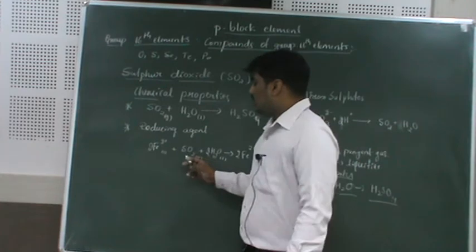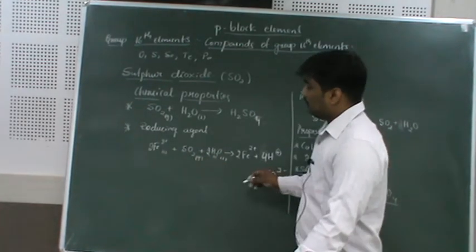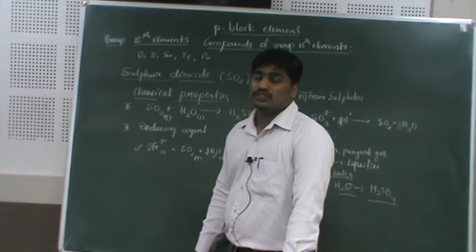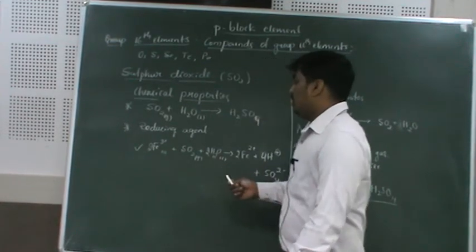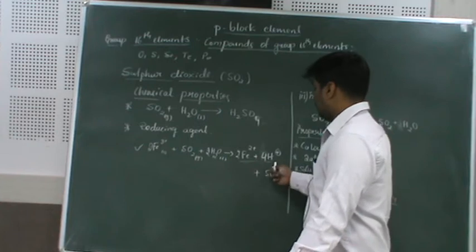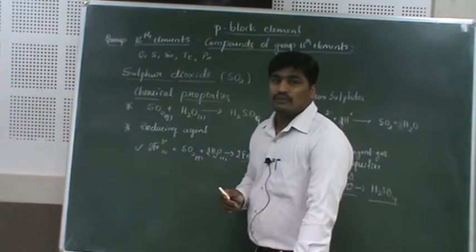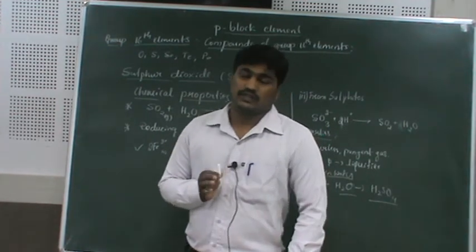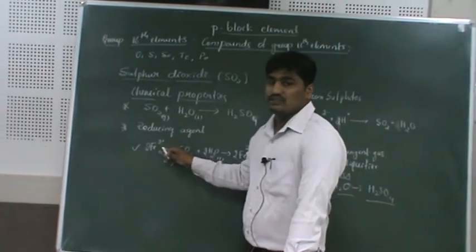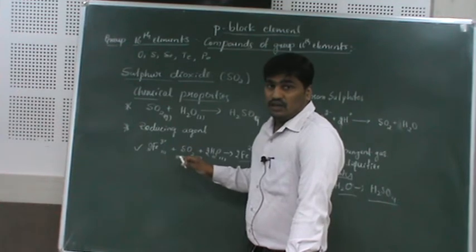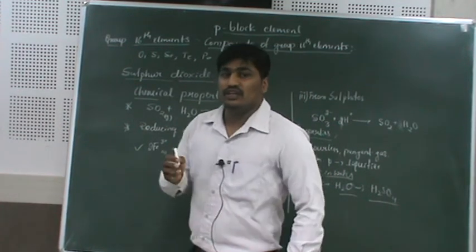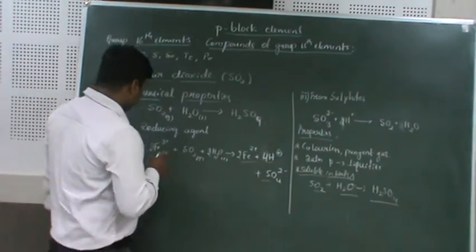Okay, this is another important equation. Please remember this equation. There is a possibility of a question based on it: complete the equation or identify the product formed. Please remember, when any higher oxidation state metal is made to react with SO2, the oxidation state decreases.